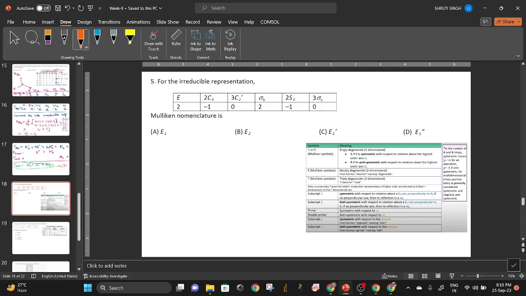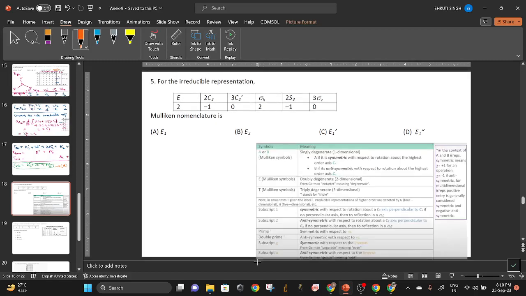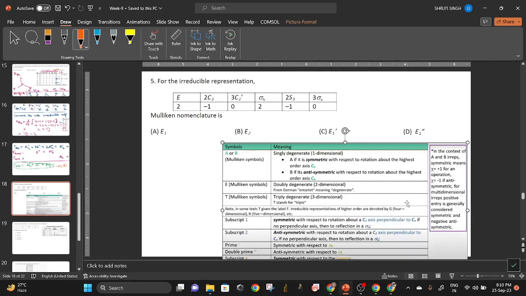So first thing is A or B we need to write. If it is singly degenerate, means it is one dimensional. Can you see this? Or shall I zoom it more?